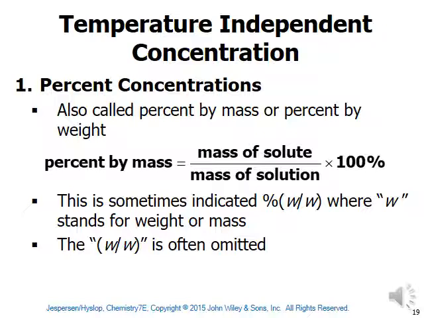Times 100 to get percent. Sometimes if you look at the side of a vinegar bottle, it'll have it written like this. And sometimes it just says 5%. When you see that, it means weight to weight or mass to mass.